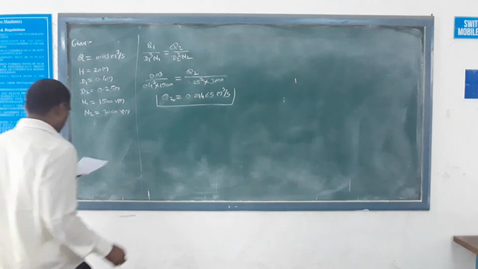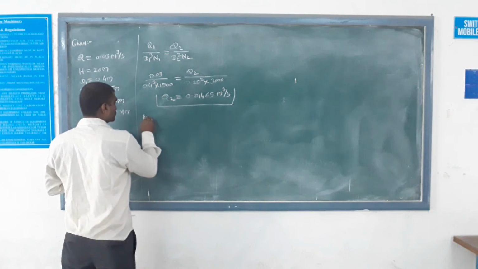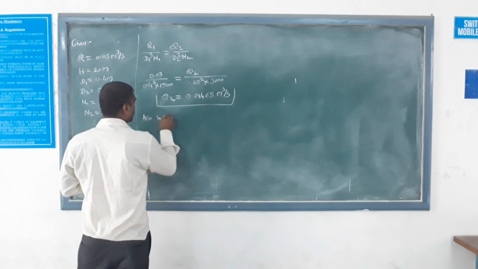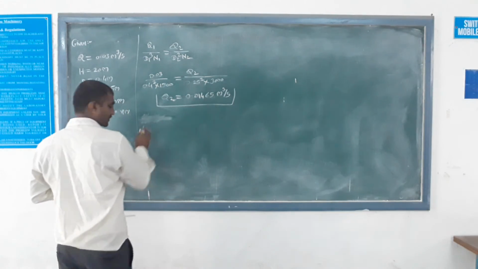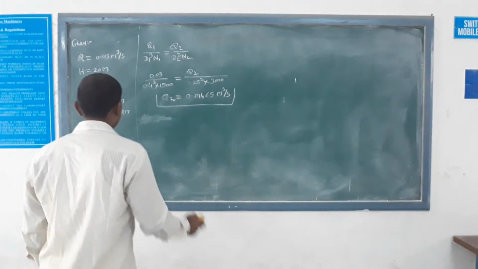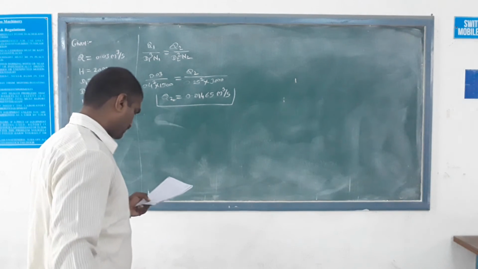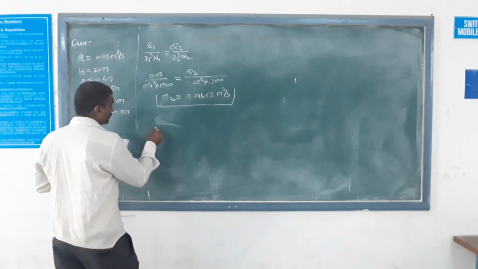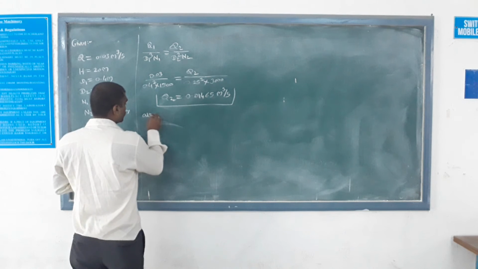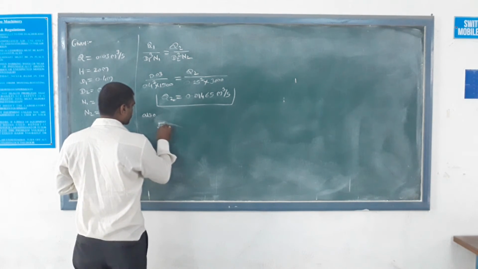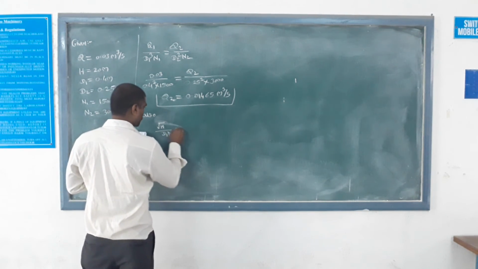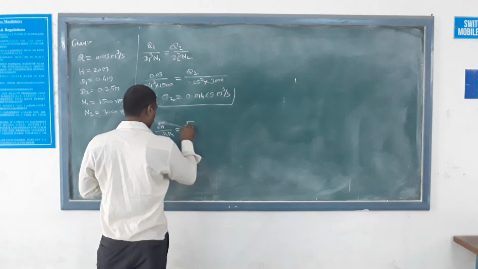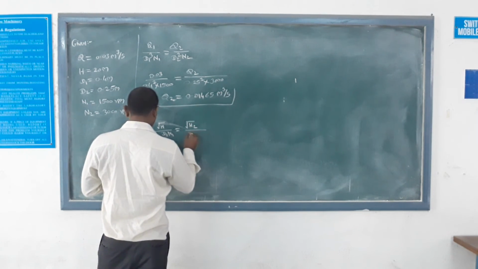After that, from similarity we also know square root of H1 upon D1 N1 equal to square root of H2 upon D2 N2.